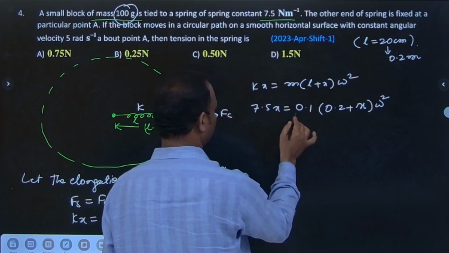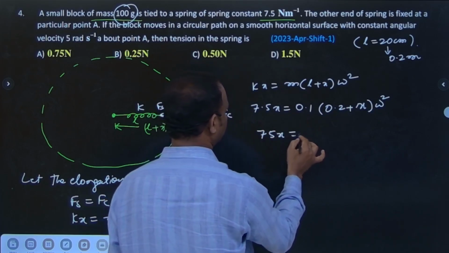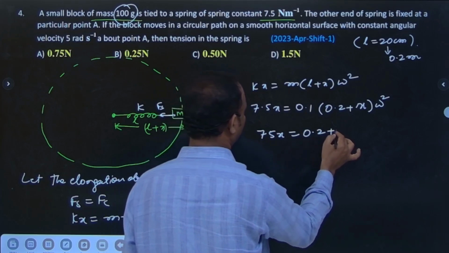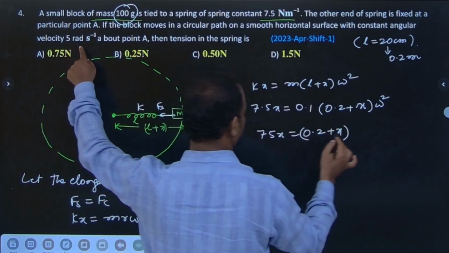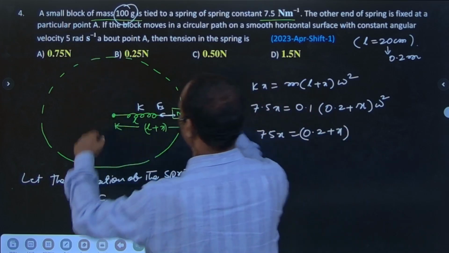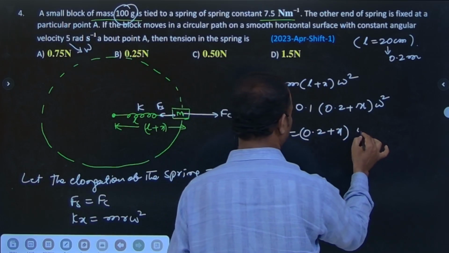So 7.5, 0.1, it's 75x is equal to (0.2 plus x) into the value of ω, which is 5, so 5 squared.